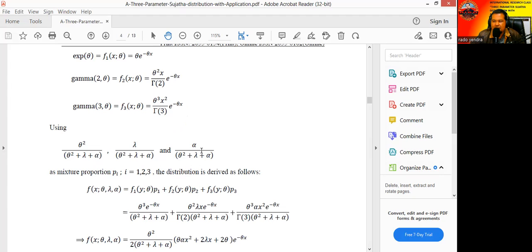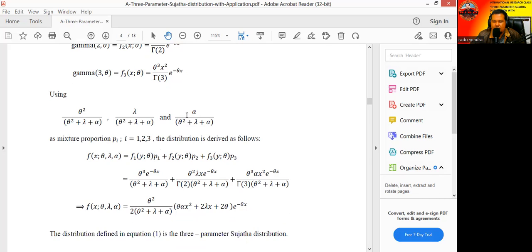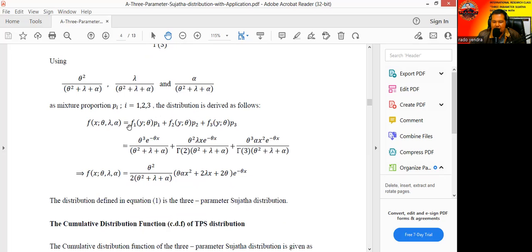If you use the theory of the mixture distribution, of course, we will use this formula. This formula we call the theory of the mixture distribution.